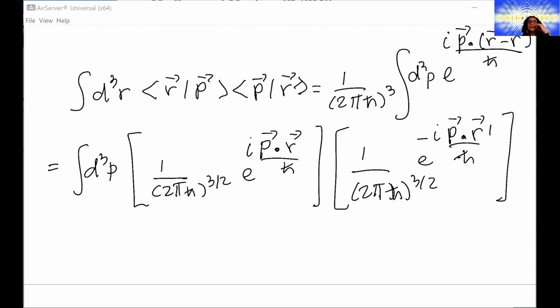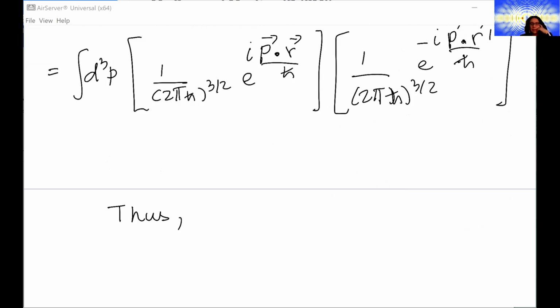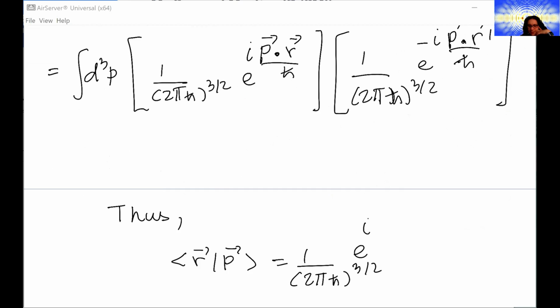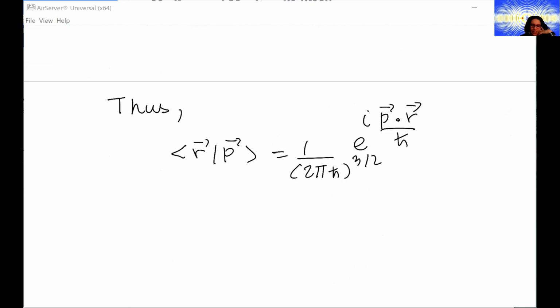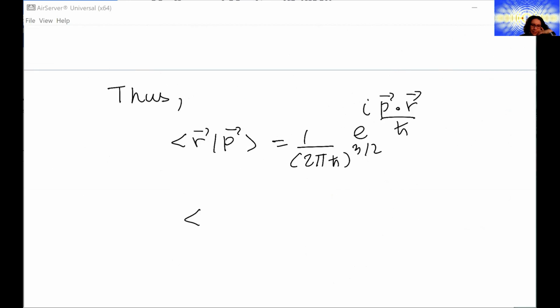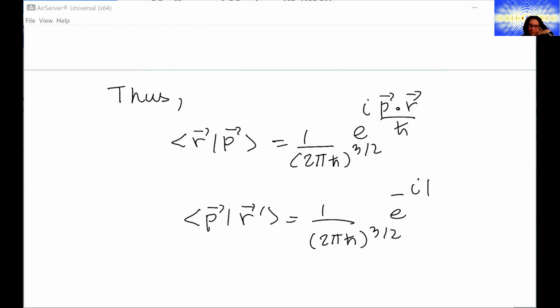Thus, we can say ⟨r|p⟩ is 1 over (2πħ)^{3/2} e^{ip·r/ħ}, and ⟨p|r'⟩ is 1 over (2πħ)^{3/2} e^{−ip·r'/ħ}.